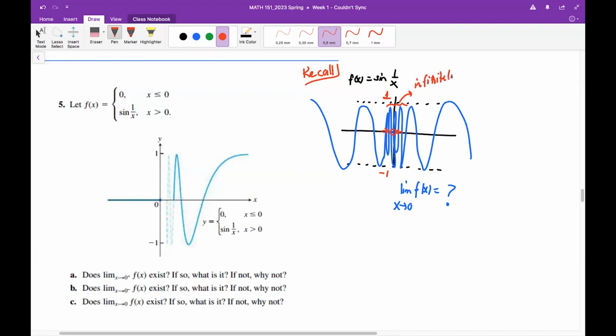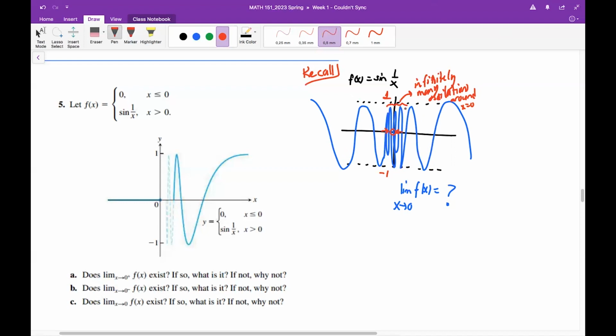Infinitely many oscillations around the origin. This describes the behavior of this function. There is a wild oscillation around x equals 0. So what do you think? Does this limit exist? Can you please share your comments with me?